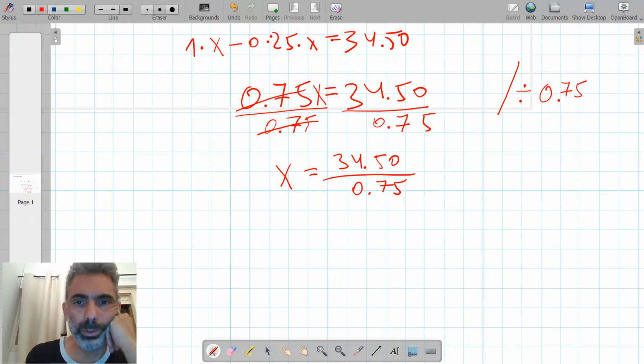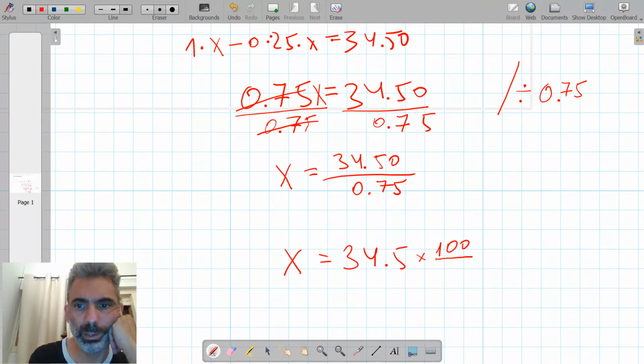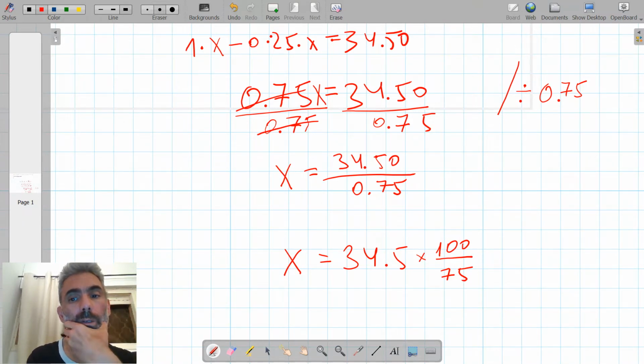Okay, so this is the same thing as 34.50 times 100 over 75, which is the reciprocal. Dividing by 0.75 is the same thing as multiplying by the reciprocal, which is 100 over 75.